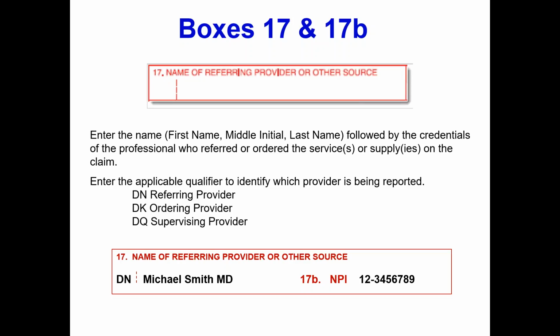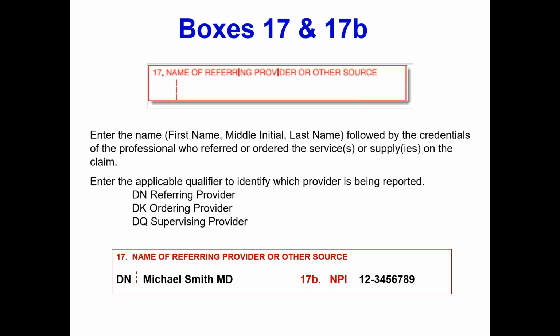There are some practices, and I work with many integrated multi-specialty practices, where you have the supervising medical doctor and then you have a nurse practitioner seeing the patient. Many health plans want the supervising collaborative MD's name in 17, even though they're not referring the patient.